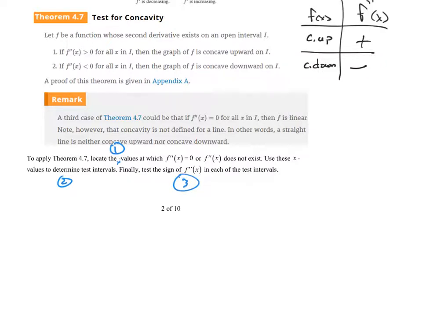That's the third part. And notice when you test it, you're plugging it into f double prime of x. So all this is saying to do is use the sign chart method on f double prime of x, on the second derivative. That's all that's saying to do right there.